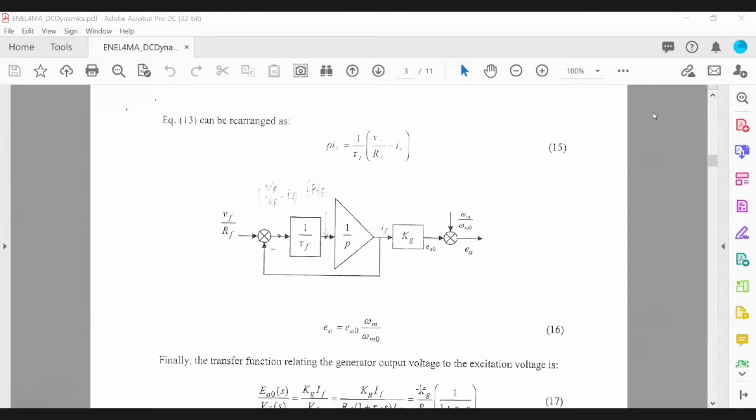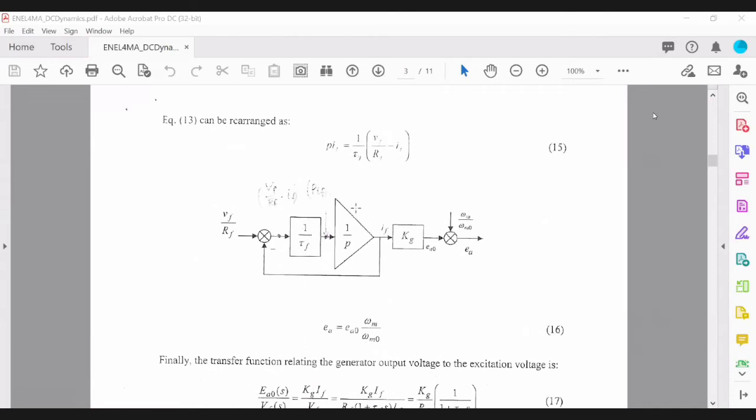So this is the whole transfer function of the generator. Using this equation here, we've basically used VF over RF as the input. And as you can see there, we subtract IF. So that's minus IF in block diagram form. So VF over RF minus IF, you multiply by this gain here, which is 1 over tau F from this equation above.